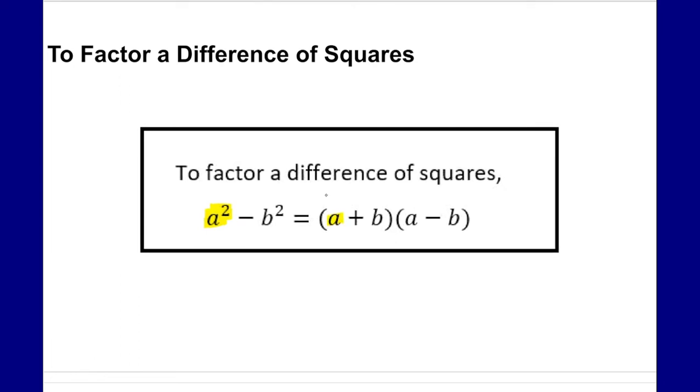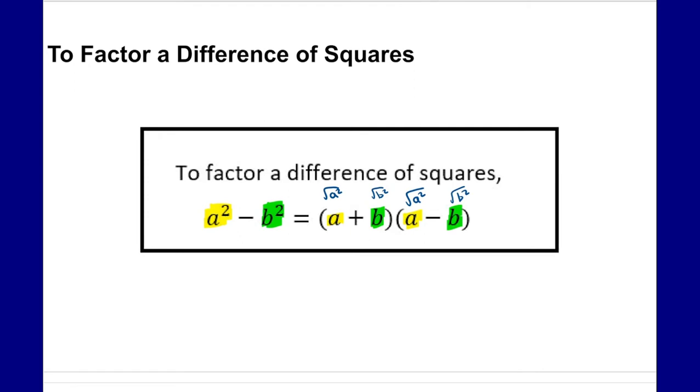So essentially a is the square root of a squared, and that's the same in both brackets. The second term in our brackets comes from the second term in our difference of squares, and that is the square root of b squared. B is just the square root of b squared.